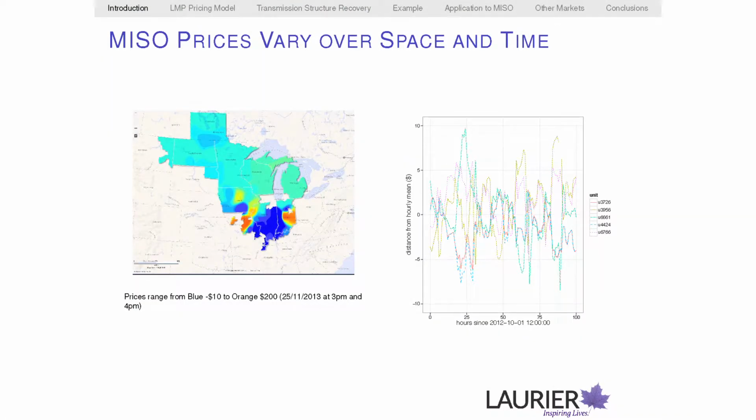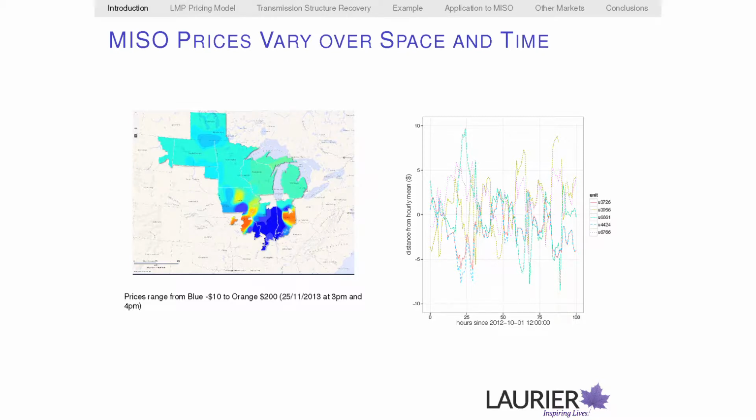So this picture just shows five randomly selected generators, and this is the difference between the price they're receiving and the hourly mean price. And I just want to point out that there's a lot of variation in who's receiving those higher prices.